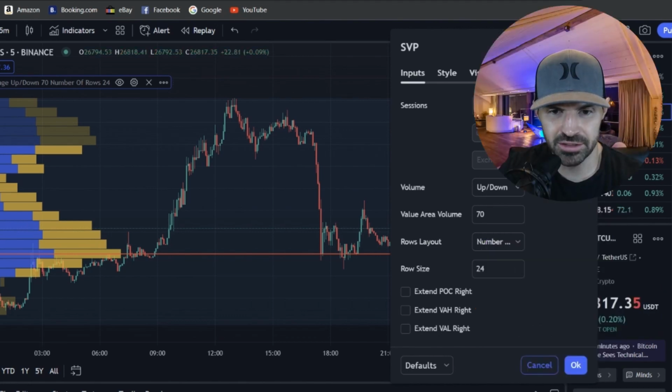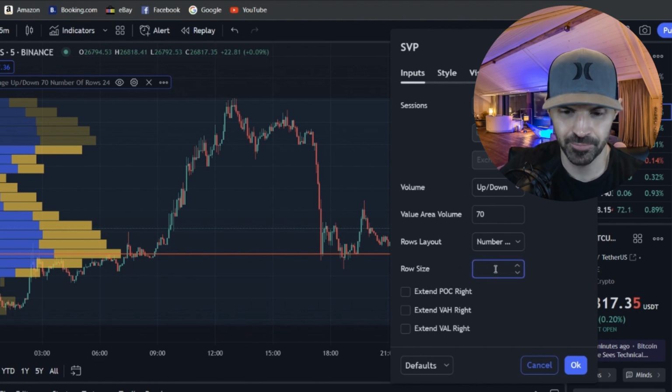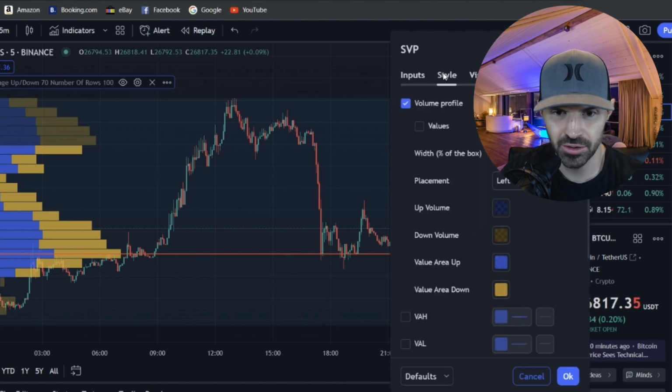So if we go back to the settings here, something I'd like to change is the number of rows. If you count the number of bars on the histogram, that would be equal to 24. So I'd like to change this 24 to 100. So we click, and then the style.